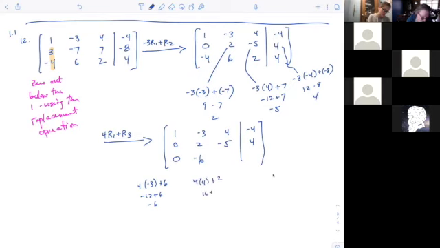So that's 16 plus 2, 18. If you see me making a mistake, jump in here. 4 times -4 plus 4. -16 plus 4 is -12 there. All right, any questions here?